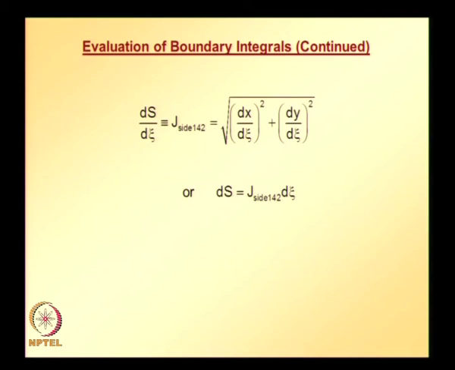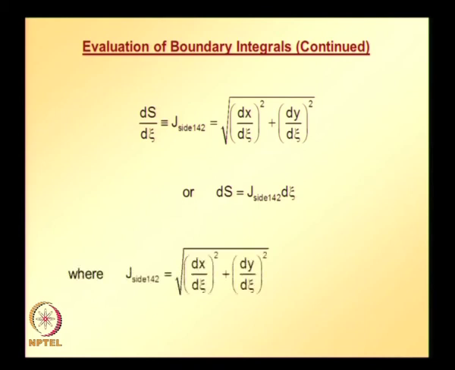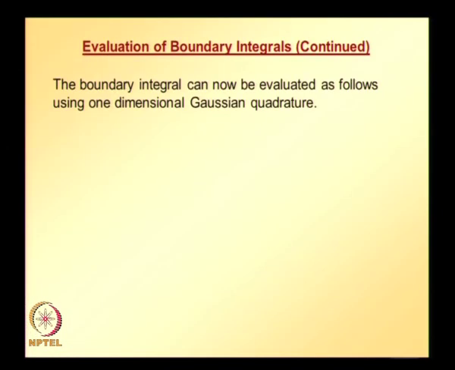With this relation, the boundary integral can be written in terms of psi, which goes from -1 to 1, before we use one dimensional Gaussian quadrature. So, the boundary integral can now be evaluated as follows using one dimensional Gaussian quadrature.